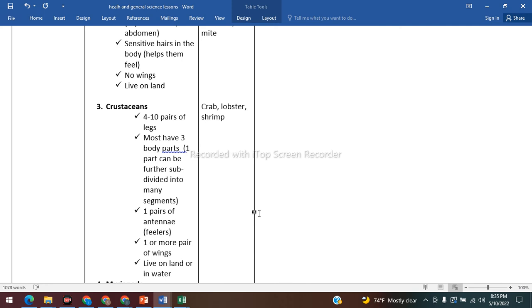Echinoderm. A mite. Insect? No, not insects. It's arthropods. Which subclass? A mite. Arachnids. Very good.